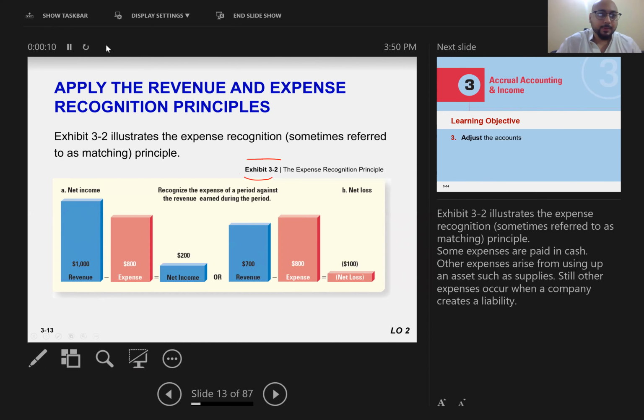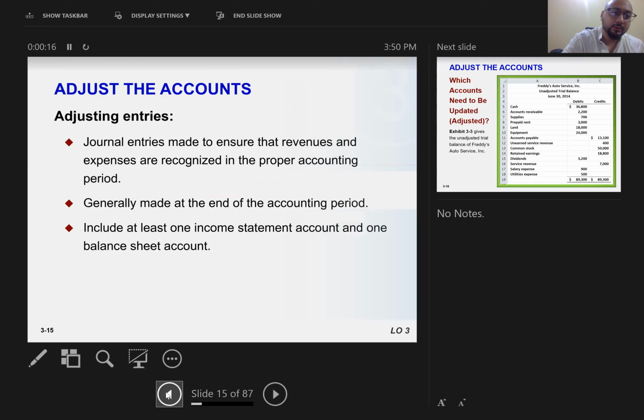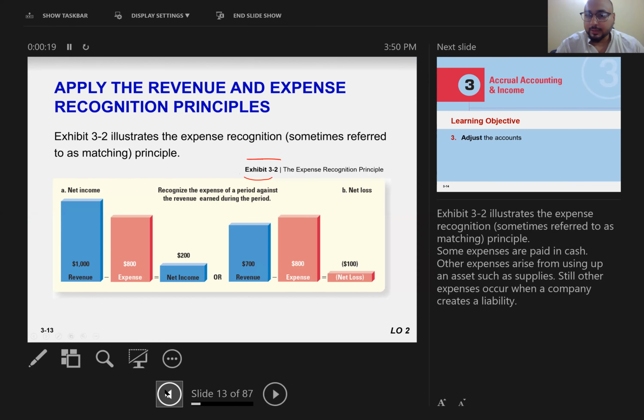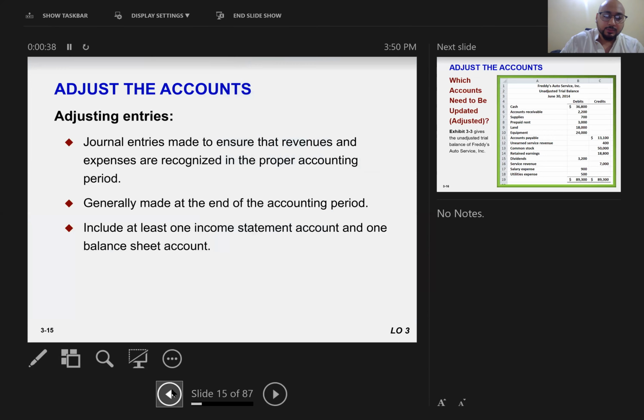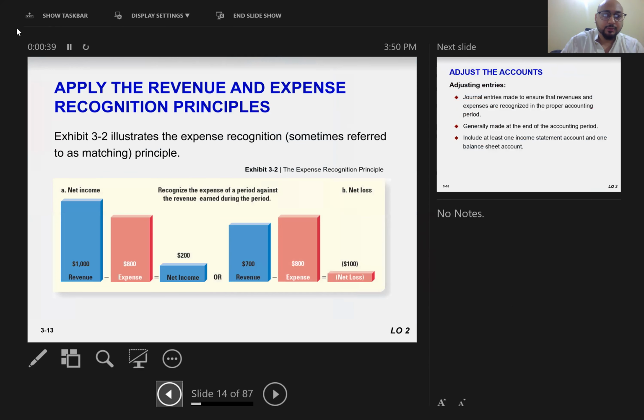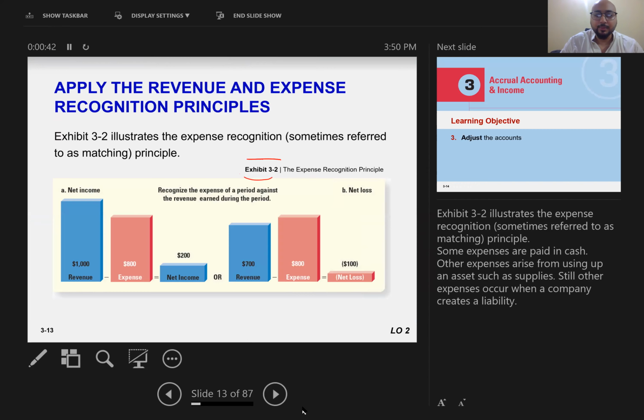You can go to your book chapter and read exhibit 3.2, and you will realize that some expenses are paid in cash, while other expenses arise from using an asset such as supplies, which belongs to some other period. That's why we have a part A and a part B.